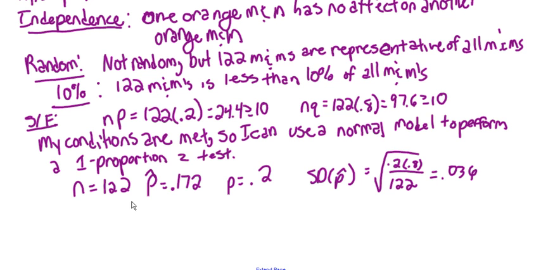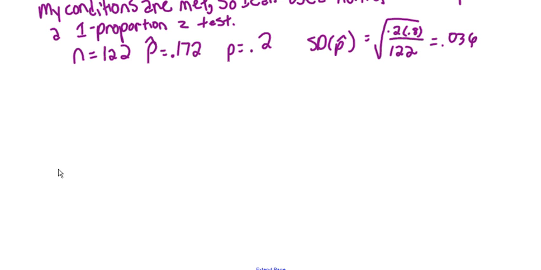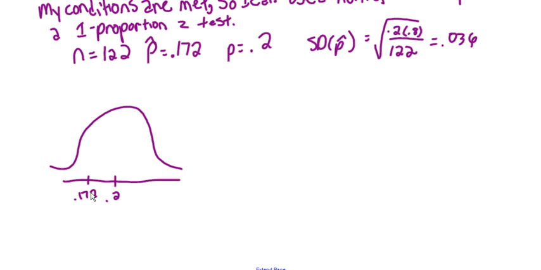So now I'm going to draw my normal model. Here's my normal model. My mean is 0.2, that's the population, and my sample was 0.172. Now here's what you have to be careful of. This is a two-tailed test, so I need shading on both sides.